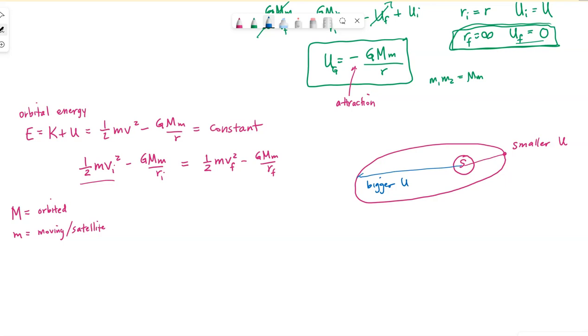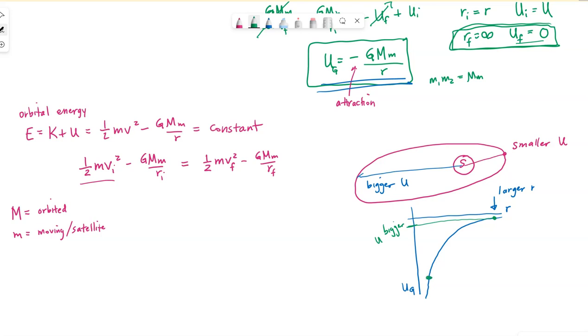Okay, now this one is a little weird to reason out. If we think about potential energy versus distance, r, this equation for potential energy being negative, this potential energy function looks like this. A larger r value corresponds to a bigger u value.